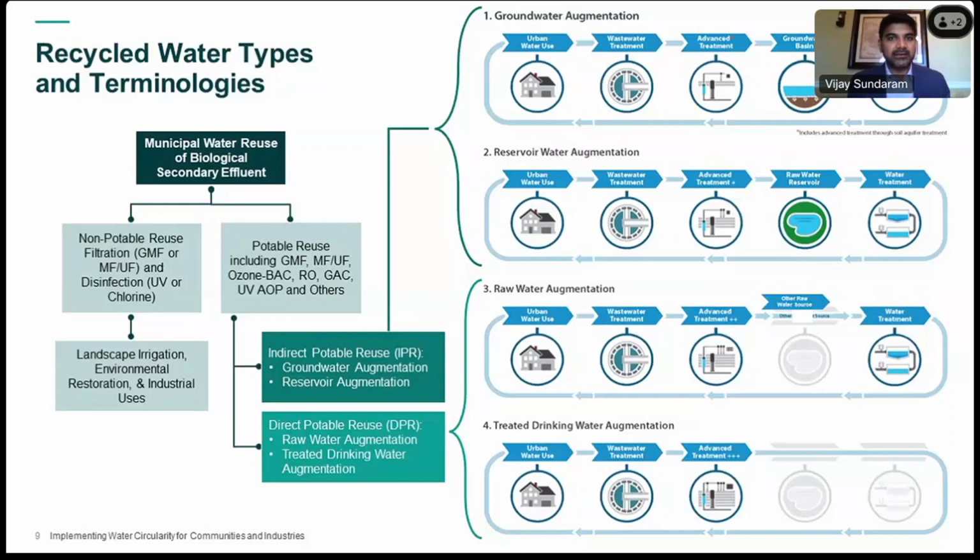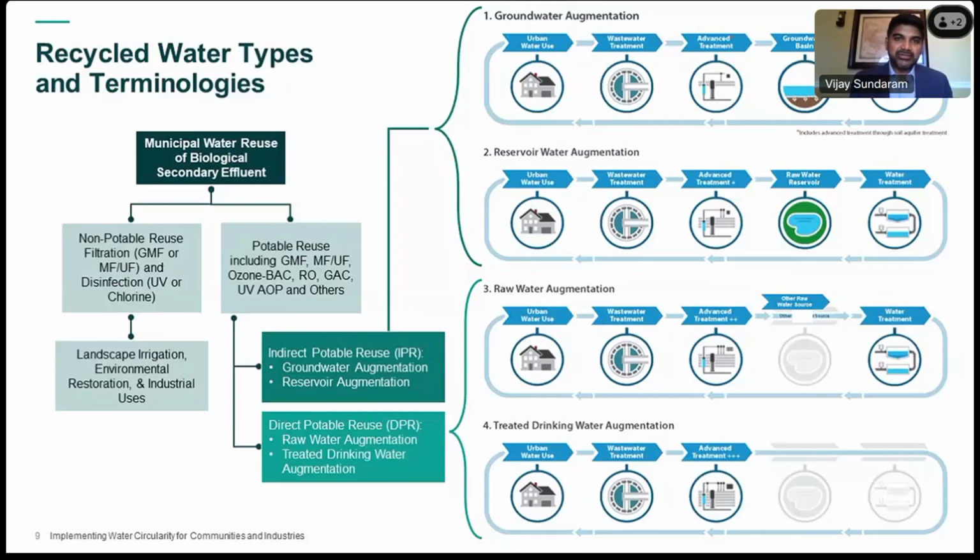Those two we categorize as indirect potable reuse, because the groundwater or large reservoir provides a very good environmental buffer. The bottom two are of interest, and I work across the states from west to east coast, and there is a lot of interest in doing these because it avoids the additional barrier requirement of finding a reservoir or a suitable groundwater basin that we can use.